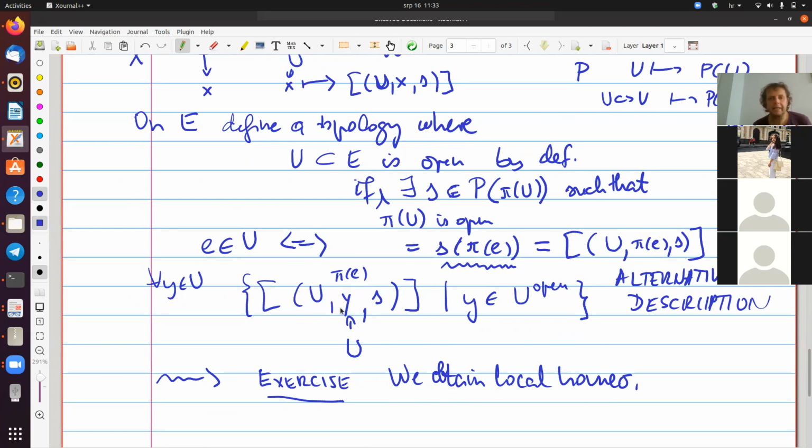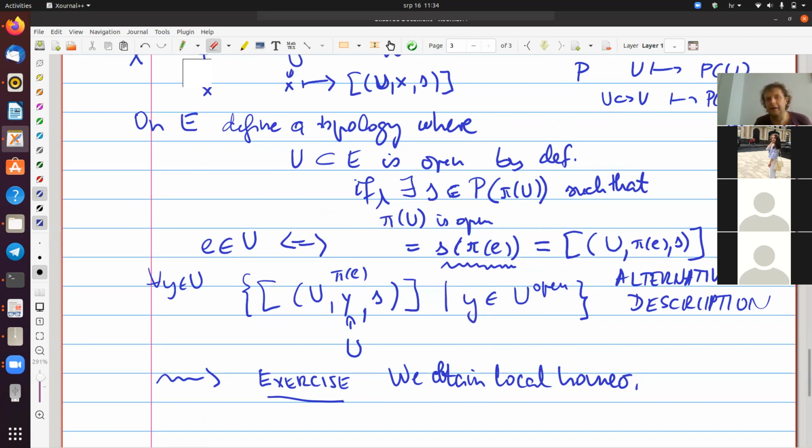So certainly it's easy to see that this thing, which is by definition an open set, is in bijection with the open set U. And this bijection in one direction is a section, which is simply this, and in the other direction is a projection, which simply forgets U and S, because U and S are fixed. So it's a bijection. It's very easy to see.